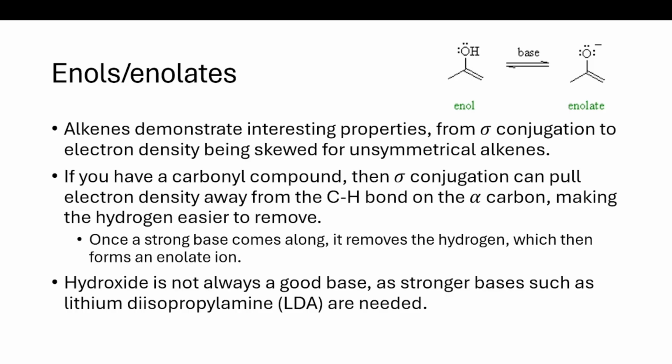If we have carbons that are next to that carbonyl, then sigma conjugation can pull electron density away from the carbon-hydrogen bond. Carbons right next to the carbonyl carbon are known as alpha carbons. Because of this, hydrogens are easier to remove. And once a strong base comes along, it removes that hydrogen, which will then form your enolate ion right here.